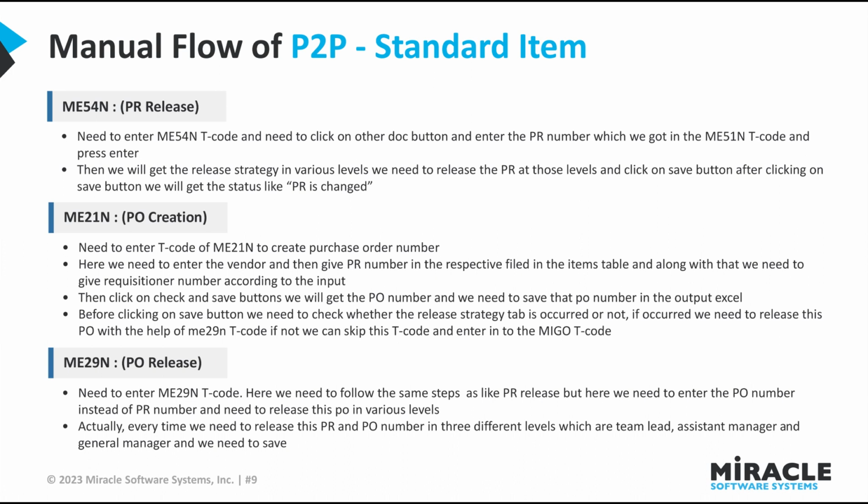Here we need to follow the same steps as PR release, but here we need to enter the PO number instead of the PR number and release this PO in various levels. Actually, every time we need to release this PR or PO number in 3 different levels, which are team lead, assistant manager and general manager, and we need to click on the save button.